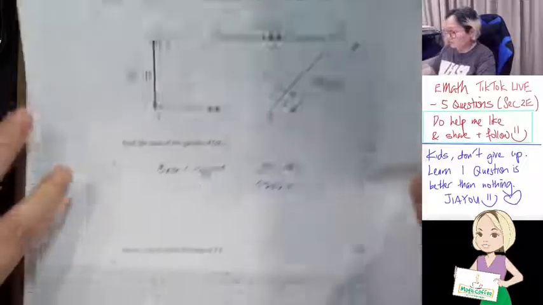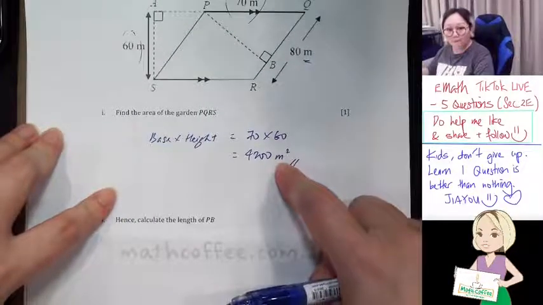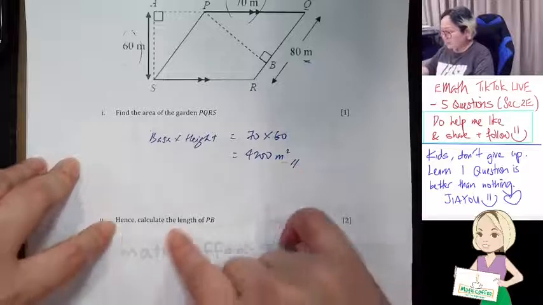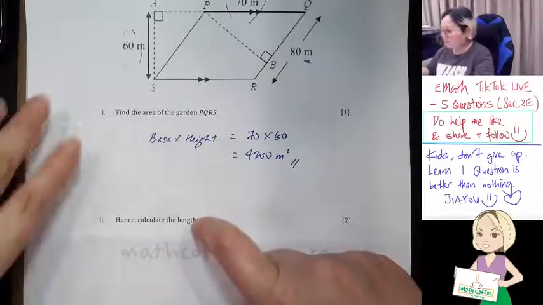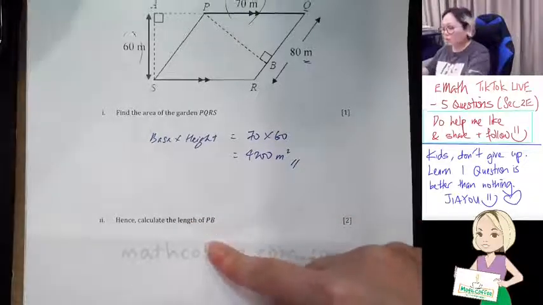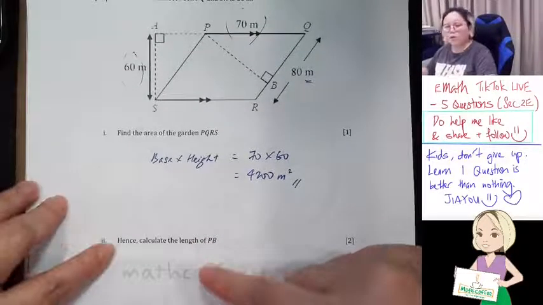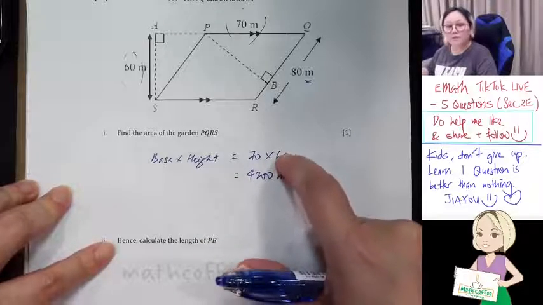Okay? 4200 meter square. Next is, hence calculate the length of PB. Okay, kids, a lot of students always don't know part 2. So, do you agree that the area of the parallelogram will not change? Right?